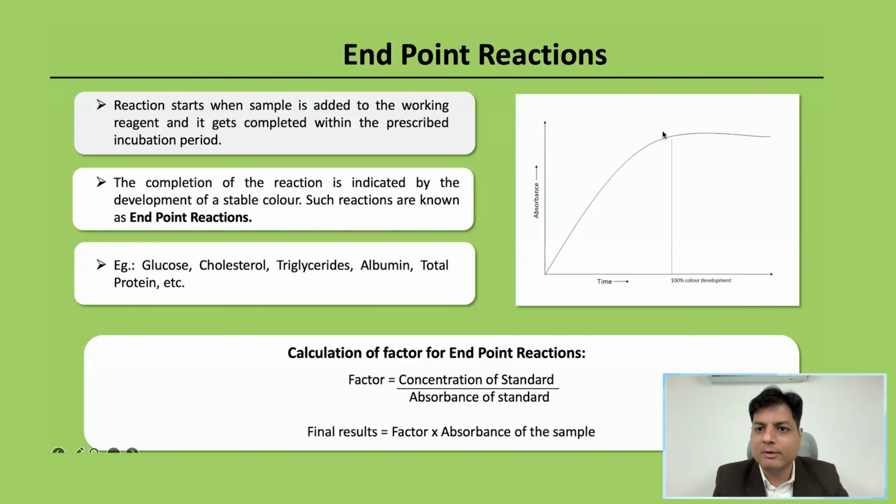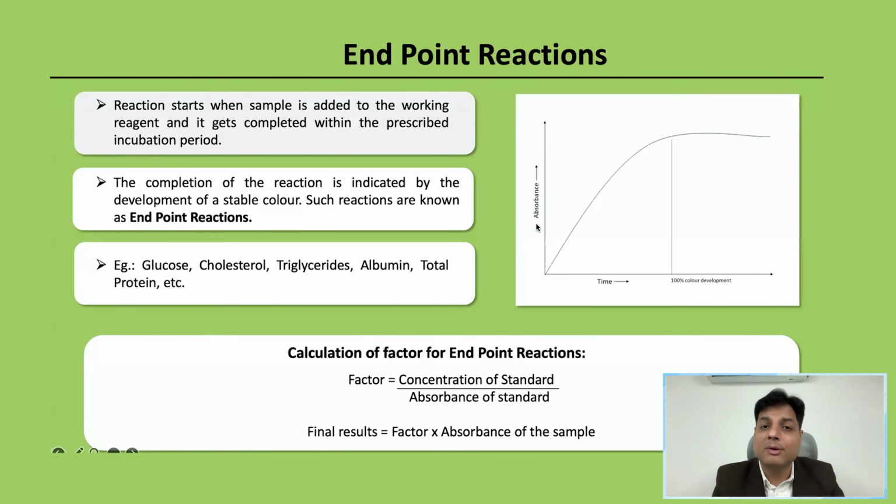So at this particular point, we will see that there is no further development of color, because now the absorbance is not increasing proportionately as the time is increasing. This is the point where whatever color was supposed to be developed has been developed. In simple language, all the glucose available in the serum is converted into color. So we take the absorbance only at this particular point. This is why this type of reaction is called an endpoint reaction.